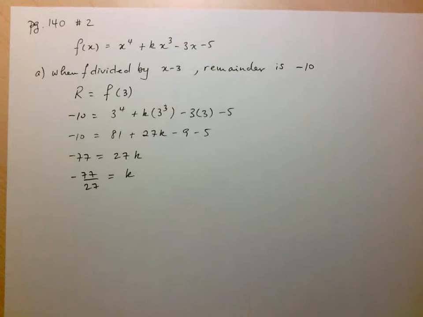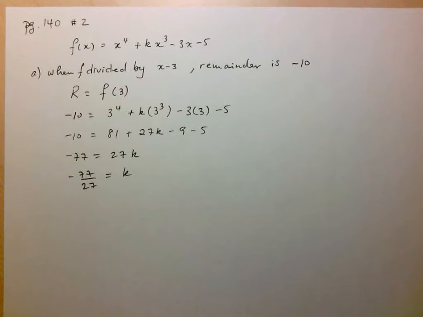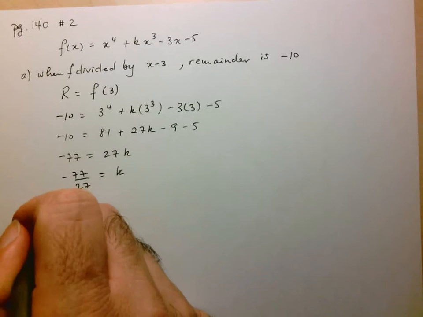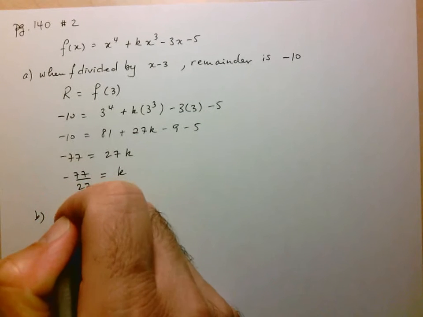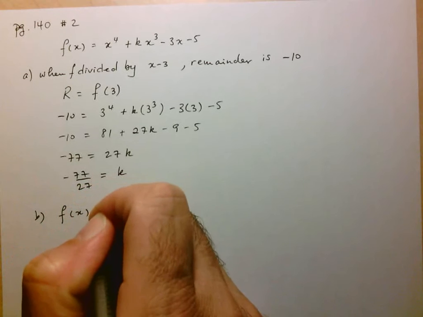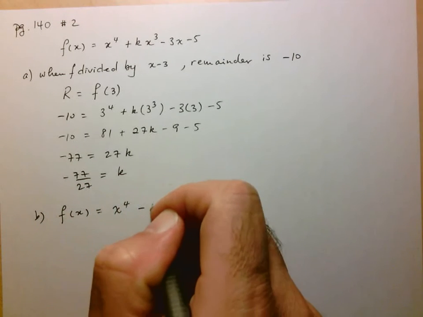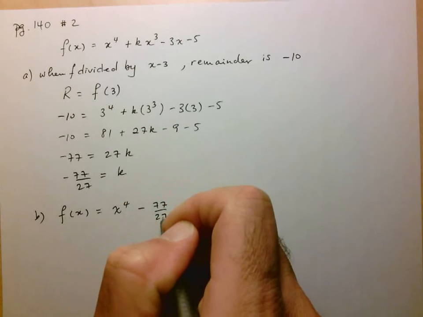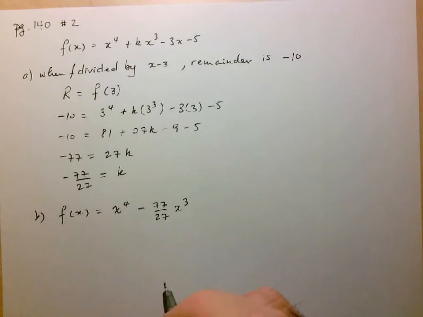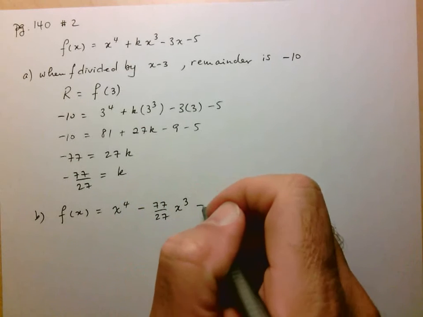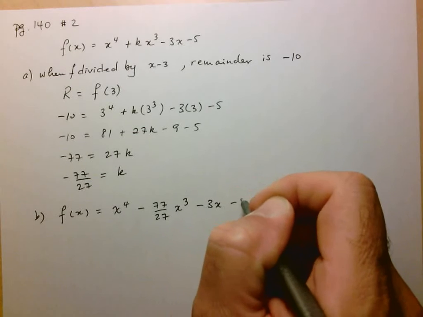Here in part B, they're asking us to determine the remainder of f when it's divided by x plus 3. We now know the full function f of x, which is equal to x to the 4th minus 77 over 27 x cubed, based on what we got in A, minus 3x minus 5.